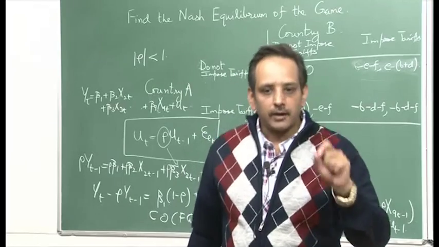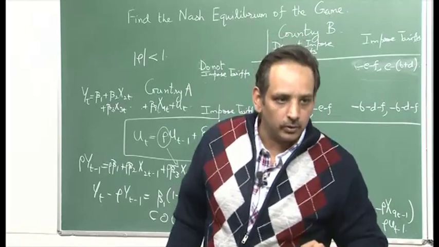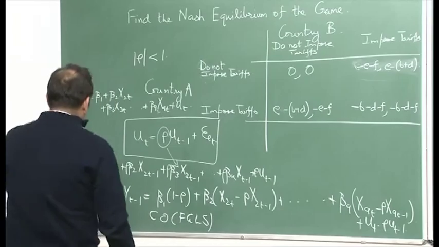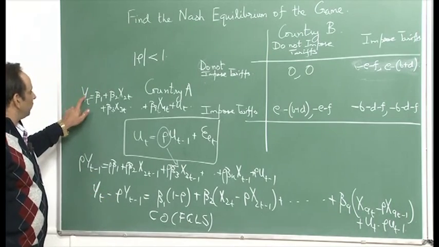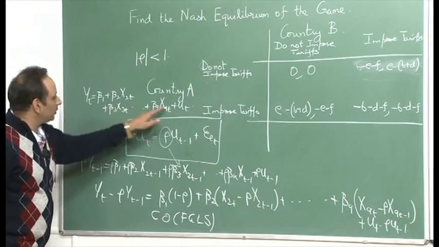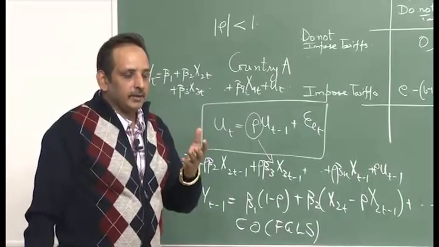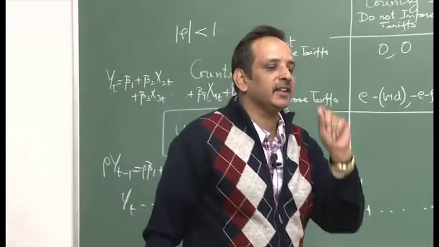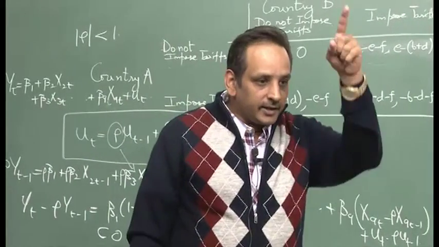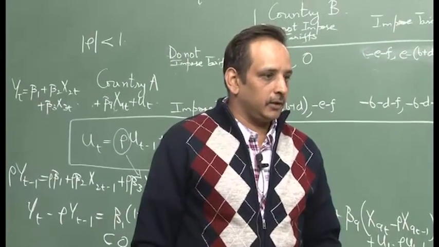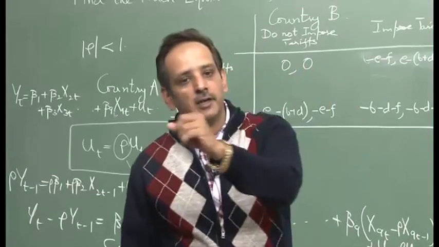You can start with taking rho as 0. When you take rho as 0, it is like regressing yt on all these explanatory variables, getting the regression, generating the residuals et series. Now, regress et on et minus 1.